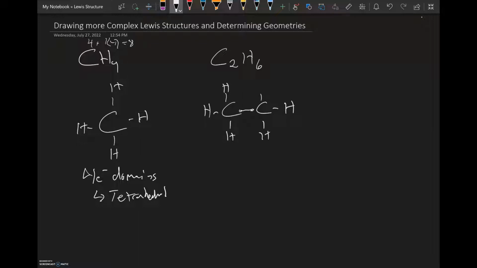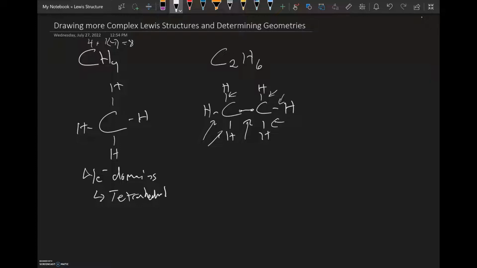Now this molecule is a little bit more complex than the first one, because if I ask you to figure out the geometry or even the hybridization, you have to be careful. This is the biggest mistake students make: they want to look at every single bond and count those toward the overall hybridization or molecular geometry.